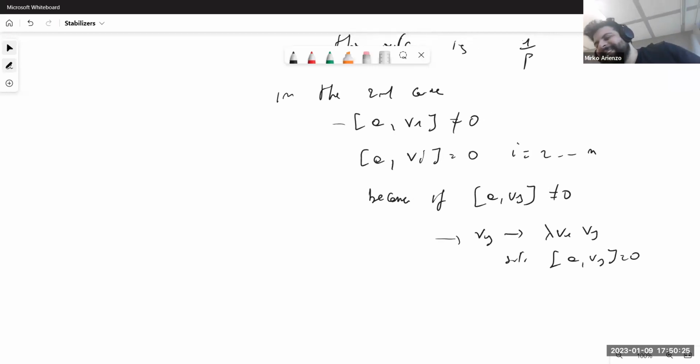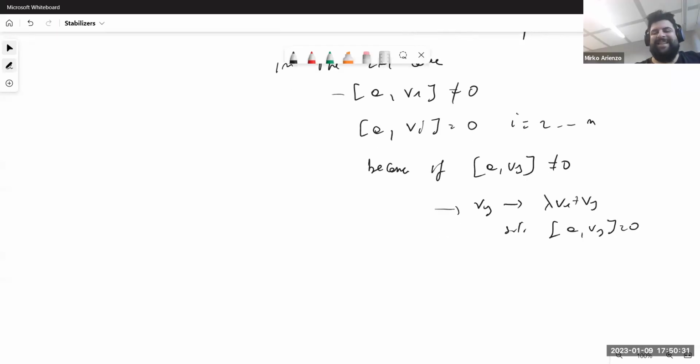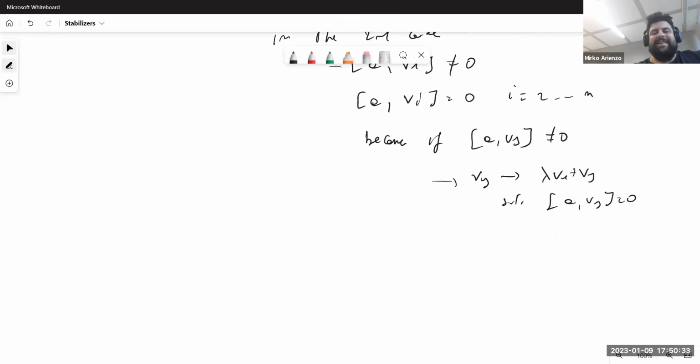Yes, you're right, of course, it's a plus. And then in this case, the state would be described by the Lagrangian given by A, V_2, ..., V_n. So that's what's happening in this case.